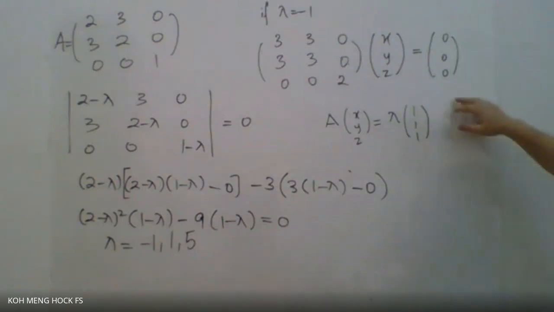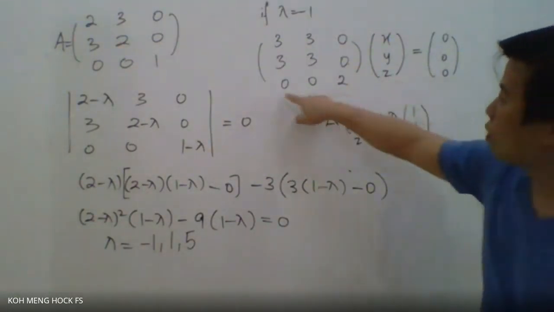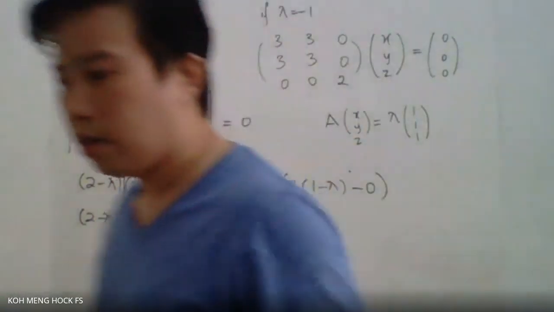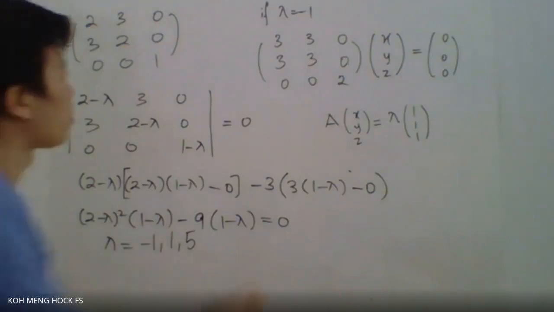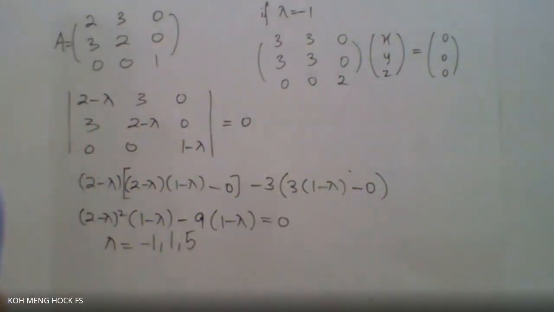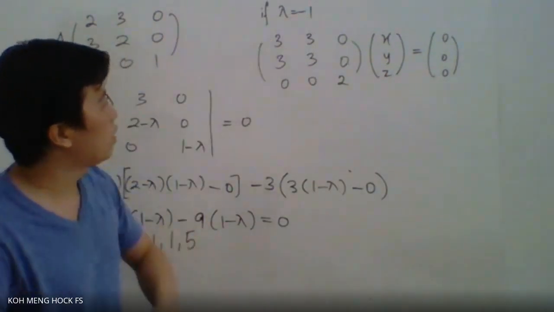Now my question is, if you have this equation and this matrix, what is the rank of this matrix? Two. Yeah, very good, Hanifa. This is rank 2 because this and this are the same, so you can cancel them.